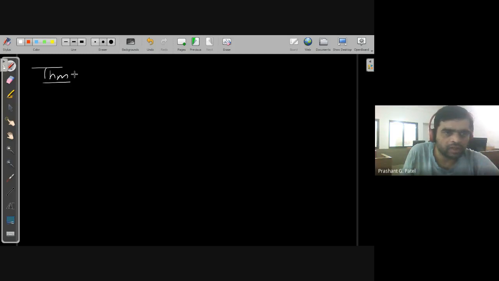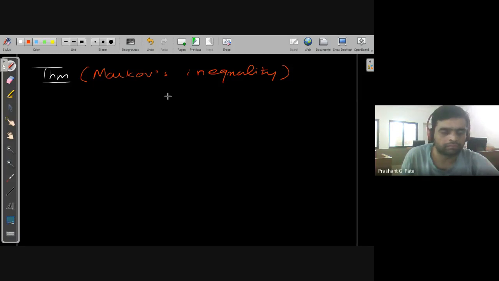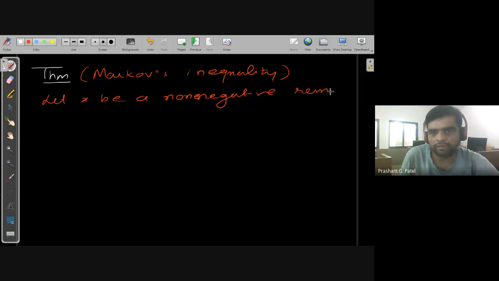So this is the theorem that I'm making, called Markov's inequality. What does it state? Let X be a non-negative random variable.